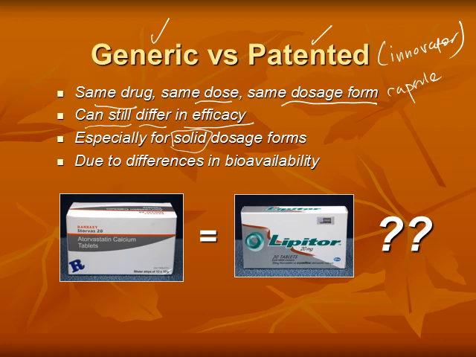This is all due to the differences in bioavailability. So when you recall the factors affecting bioavailability, then you will understand why a solid dosage form can have differences in bioavailability, even though they have the same drug, same dose and dosage form.